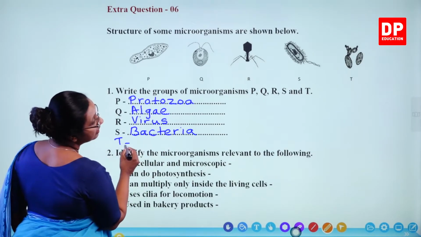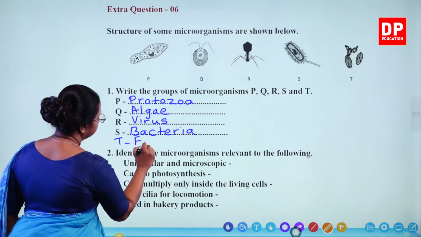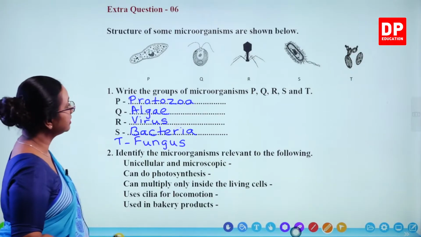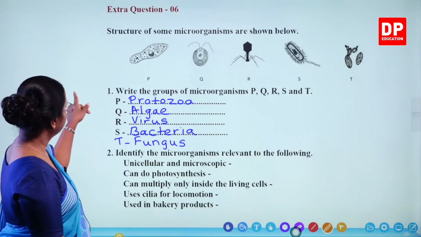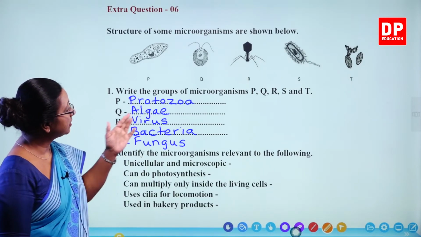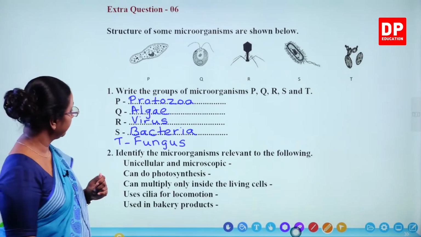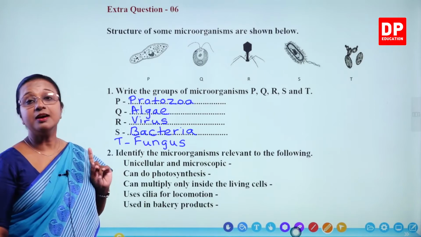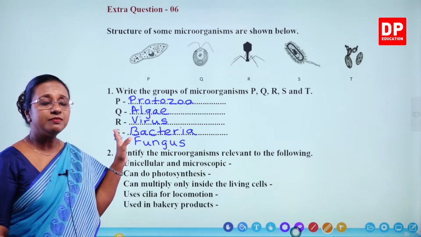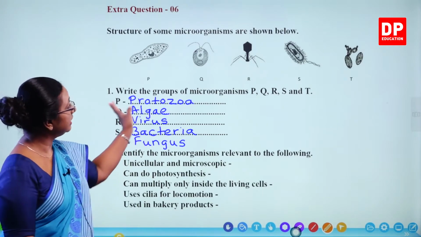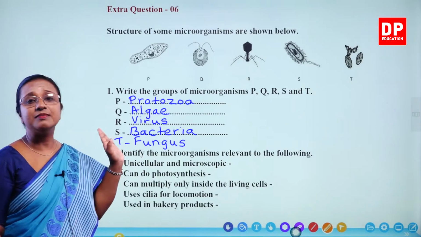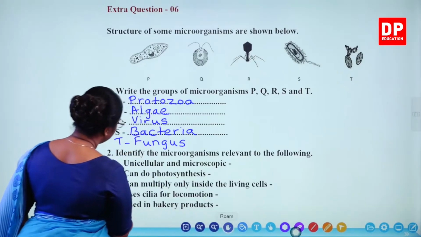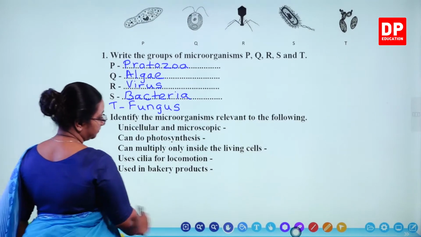T is a fungus. It is yeast. Yeast is a fungus. So write the group of microorganisms P, Q, R, S and T. Protozoa, algae, virus, bacteria, fungus. There's no confusion there, no. You can easily identify them. Now you are familiar with all the microorganisms. So then we will move on to the next one.